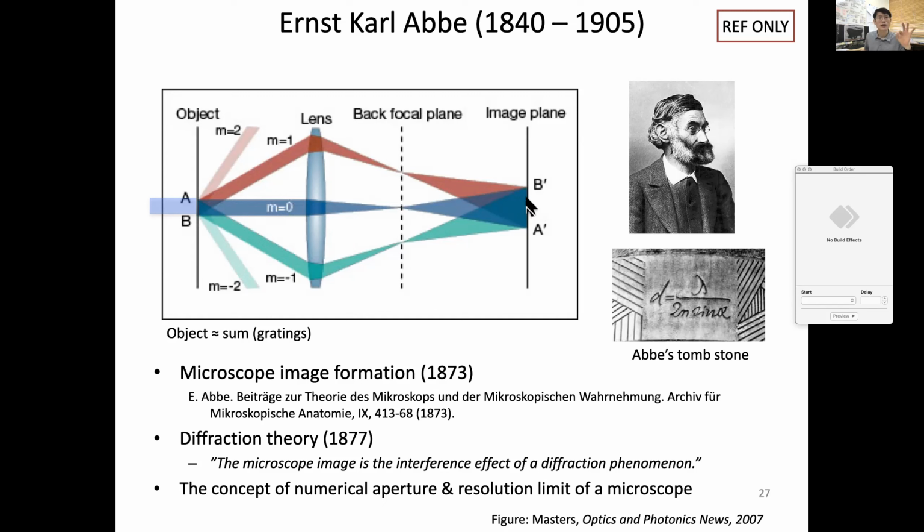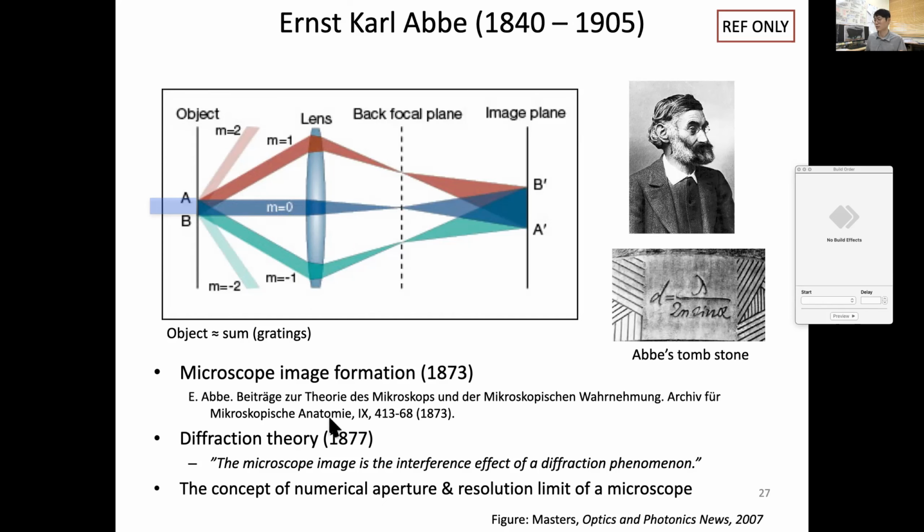This actually led to the discovery of breaking the diffraction limit of a light microscope, so that now we can have not only 100 nanometer resolution, we can have tens of nanometer resolution. And of course, that led to the Nobel Prize of 2014 in chemistry. So it's very important to understand the fundamental limit. It's even more important to think of where that fundamental limit comes from and how to break it down.